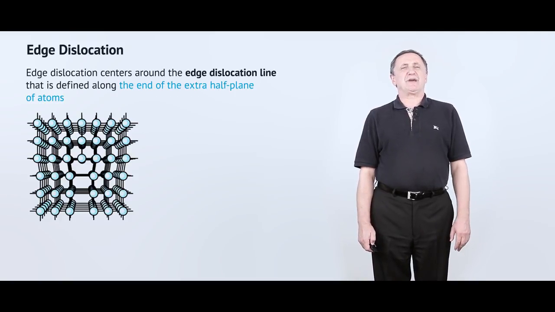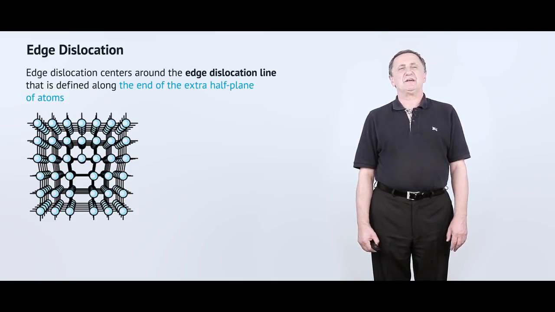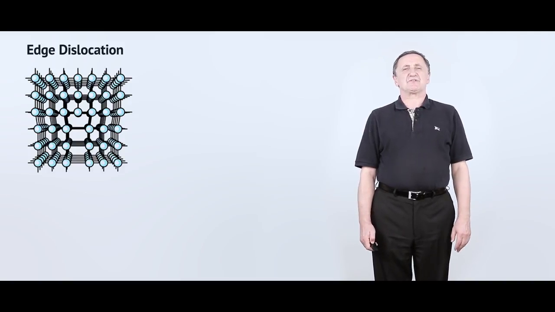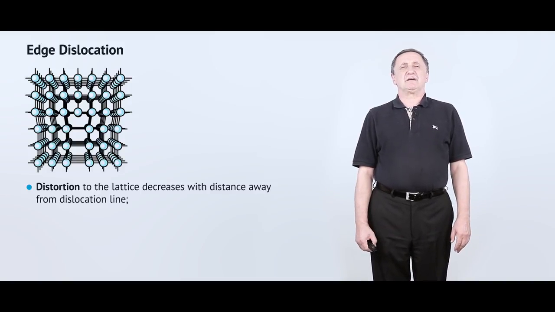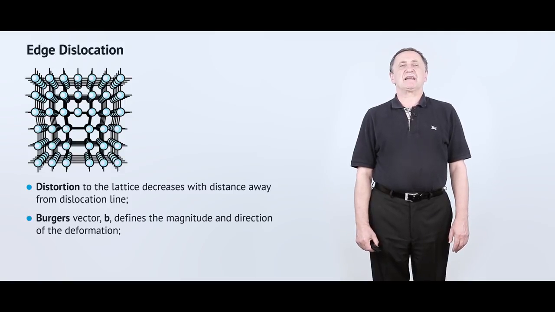On this screen, you can see an edge dislocation. We have the extra half plane in the upper part of our crystal. This dislocation is defined by the Burgers vector, which defines the magnitude and the direction of the dislocation.